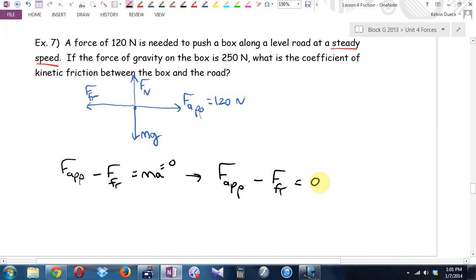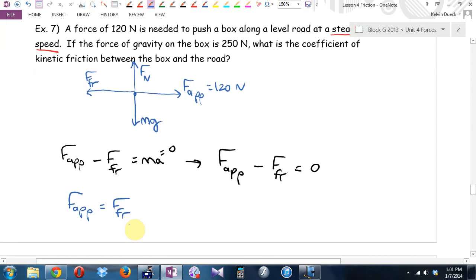Although I think a nicer way to write that would be just to take that minus FR and plus it over to the other side. Friction is what times what? So I can write this as F applied equals mu times the normal force.